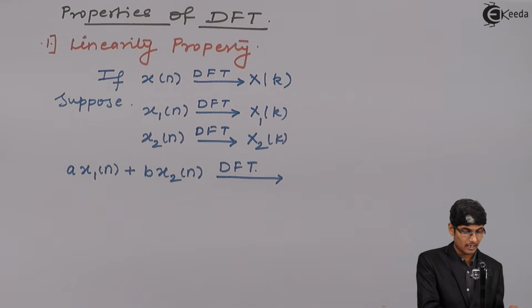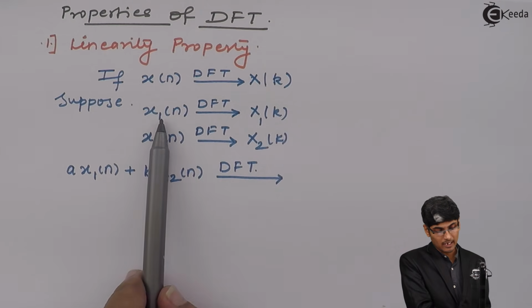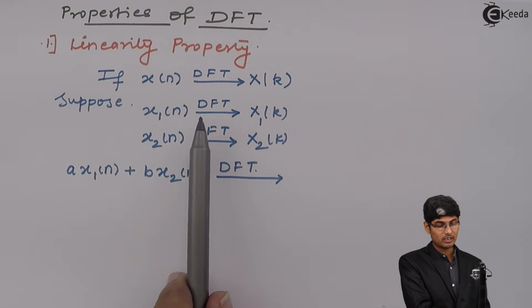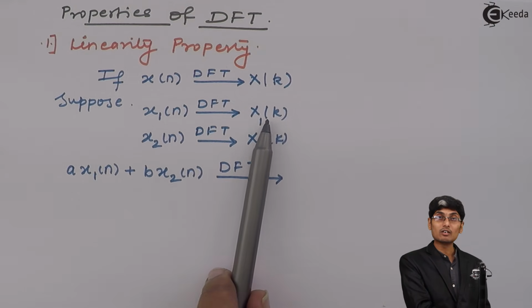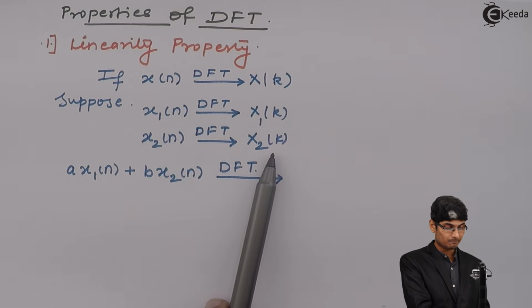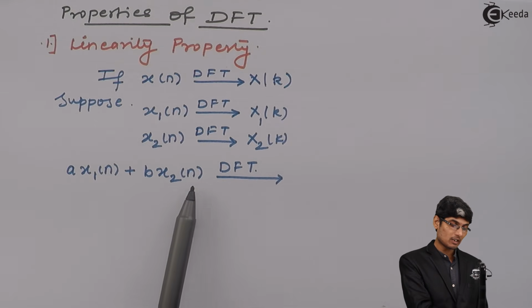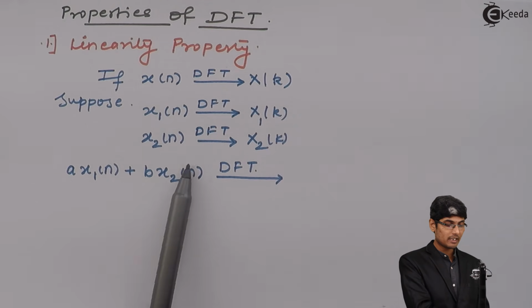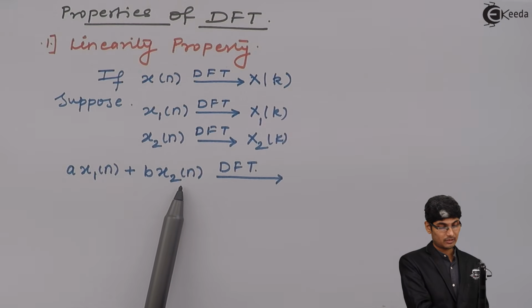So I have two functions x1 of n, x2 of n. Its DFT individually is x1 of k, x2 of k. Then suppose I have a combination of x1 of n and x2 of n with scaling factors a and b, what will be this function's DFT?